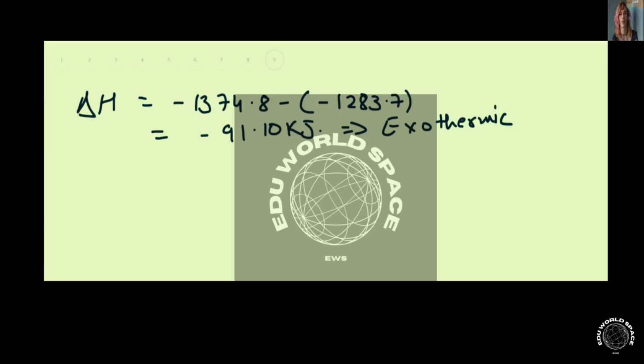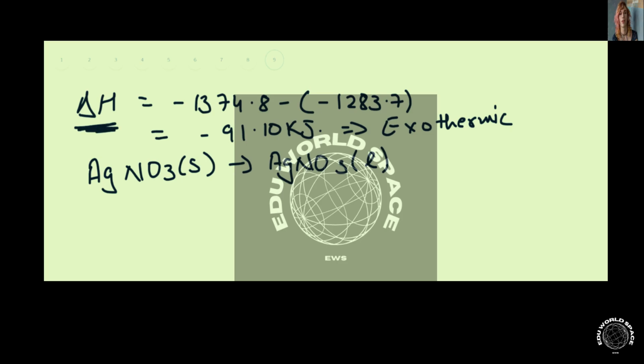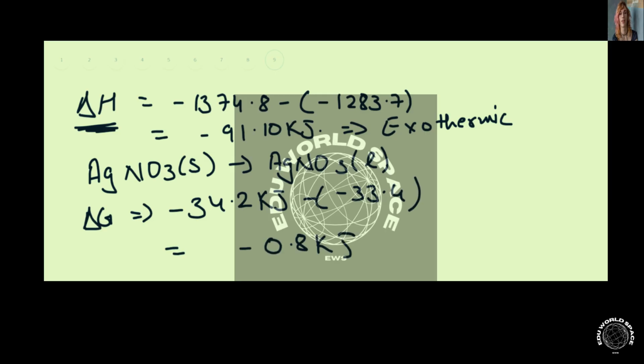For the fifth case, we have AgNO3 in solid form giving us AgNO3 in liquid form. Using the same delta H formula, in this case we need to determine the delta G. Substituting the values, we have 34.2 kilojoules minus 33.4 giving us the value as negative 0.8 kilojoules.